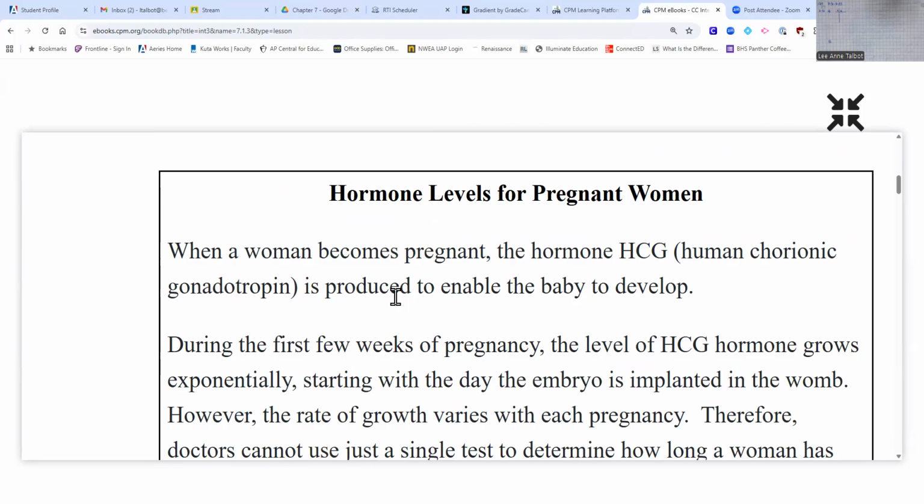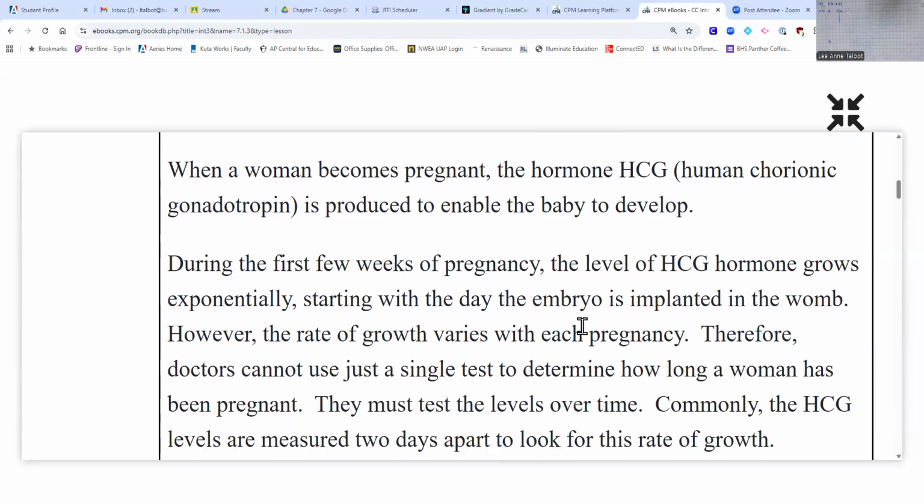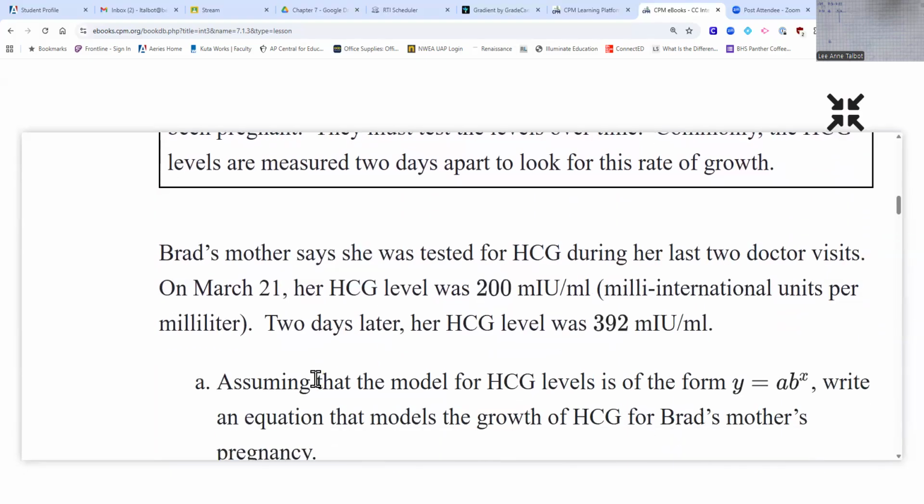During the first few weeks of pregnancy, the level of HCG hormone grows exponentially, starting with the day the embryo is implanted in the womb. However, the rate of growth varies with each pregnancy. Therefore, doctors cannot use just a single test to determine how long a woman has been pregnant. They must test the levels over time. Commonly, the HCG levels are measured 2 days apart to look for this rate of growth.